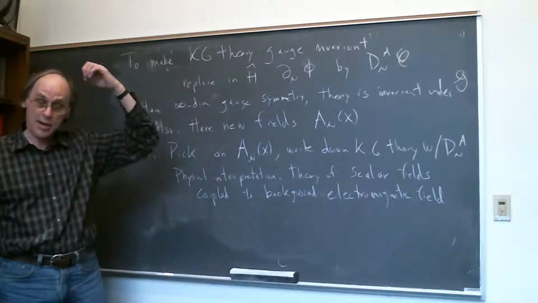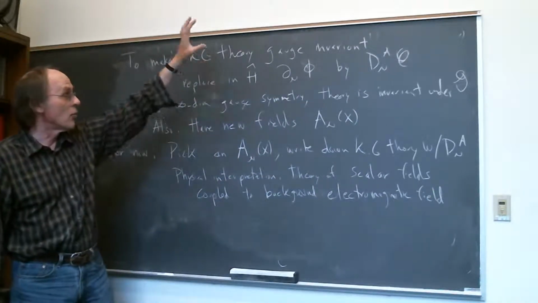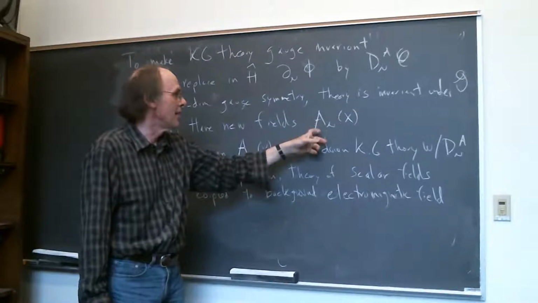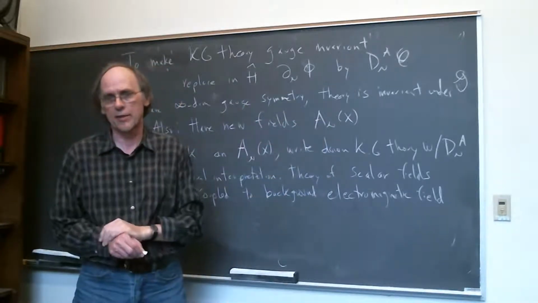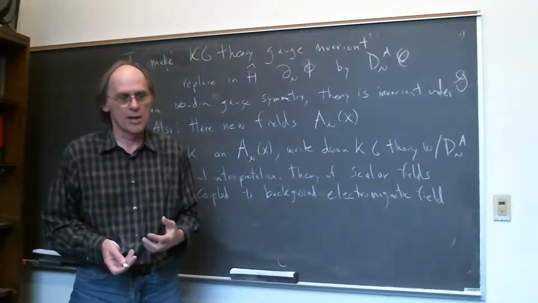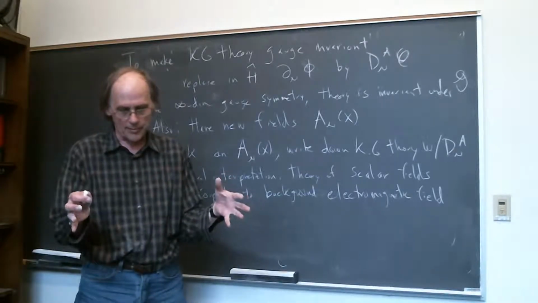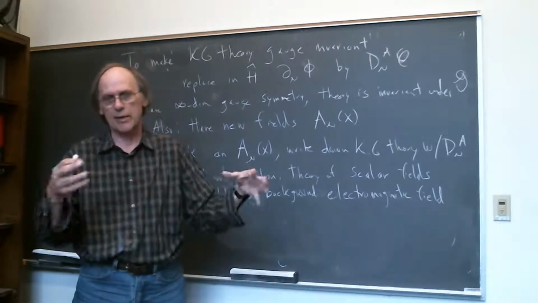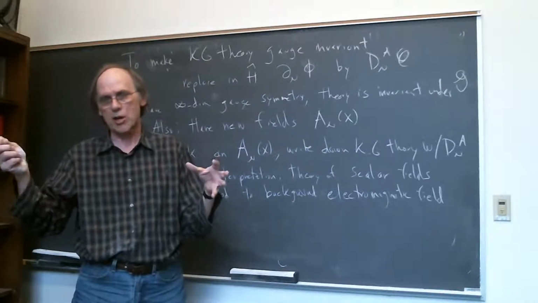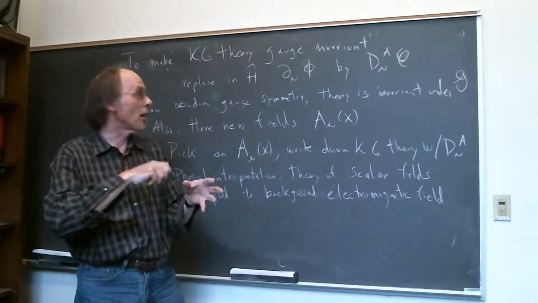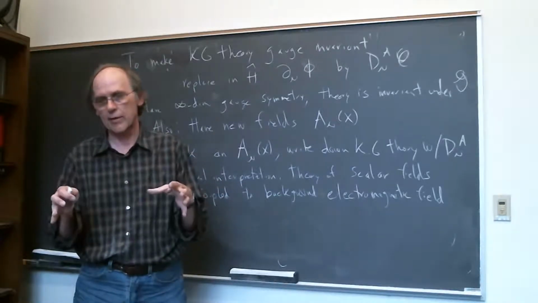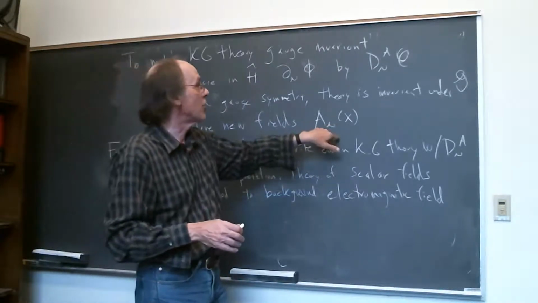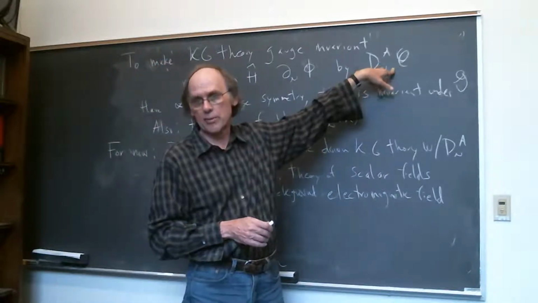It turns out that these fields, the so-called vector potential and connection fields, are exactly the right thing to describe some kind of background electric and magnetic field, which, if you had a charged particle, the way it interacts with these background electromagnetic fields would be determined exactly by these terms. Okay.